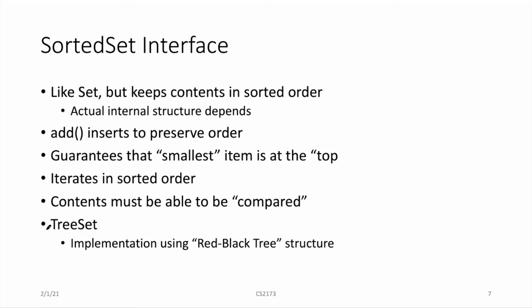There's literally been decades of research in computer science about the best way to keep things sorted. There's still people coming up with fancier and fancier things. My experience has been that what Java uses in their tree set is about as good as it gets.